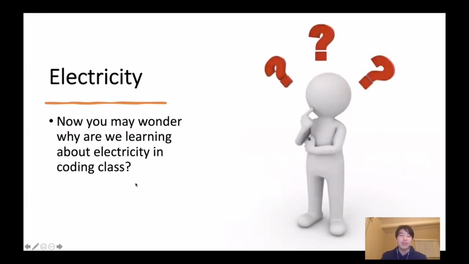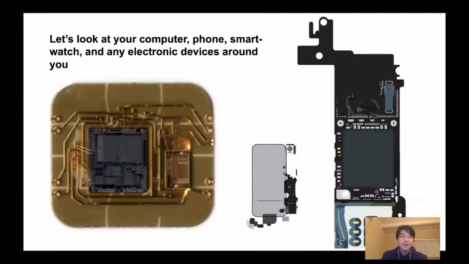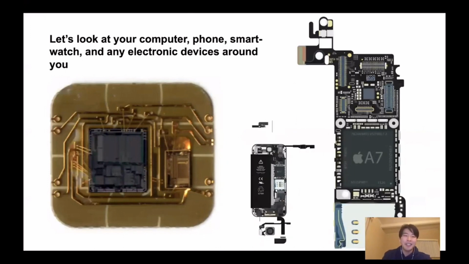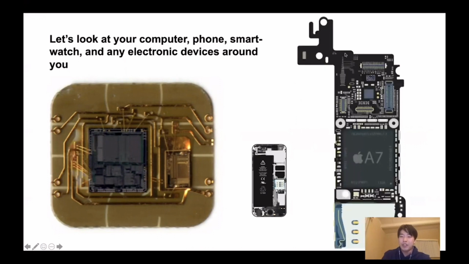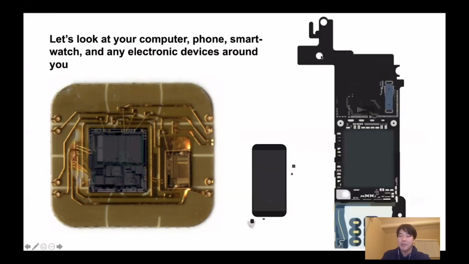But now maybe you're thinking, hey, why are we talking about electricity? This is coding class, right? Think about why for a second. So if you look at any electronic device, by the way, on the right side there's a GIF file of how an iPhone looks inside. This is the motherboard.